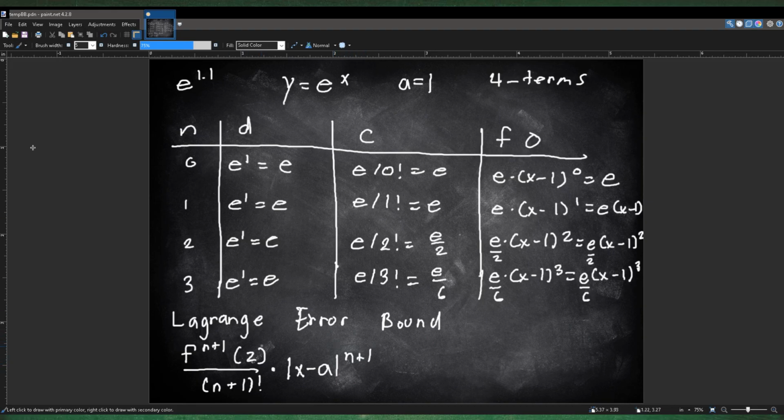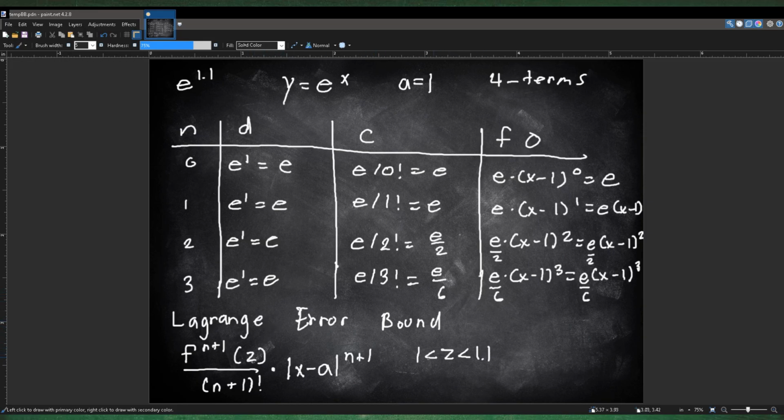So z is just a number between your given number and your center. In this case, it will be between 1 and 1.1, right? So z is going to be between 1 and 1.1.